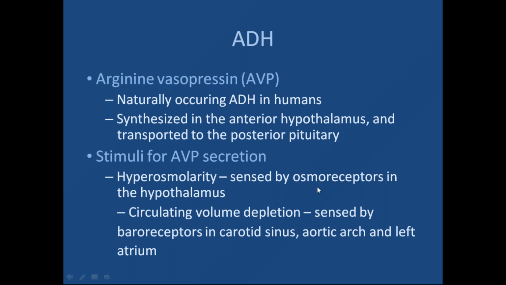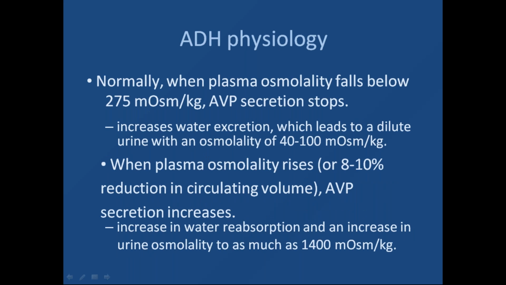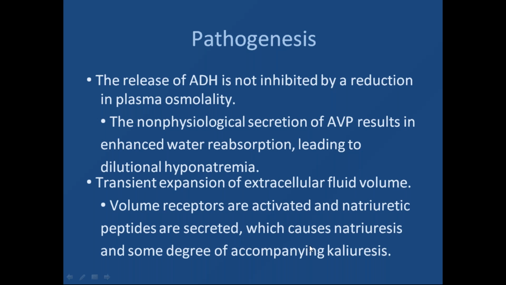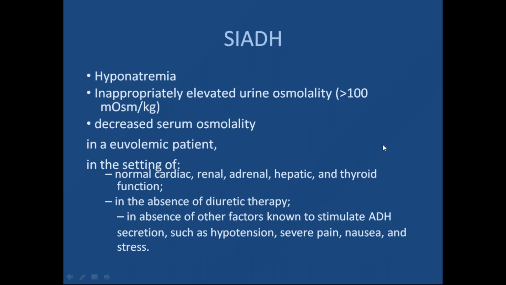The osmoreceptors are not able to detect the changes in the osmolarity. But these baroreceptors are working fine. So they will notice the increasing volume, but the osmolarity will not be detected. That's when there will be natriuresis. The natriuretic peptides ANP and BNP will be secreted and they cause excretion of water and sodium. But it's not enough to compensate the increased ADH.